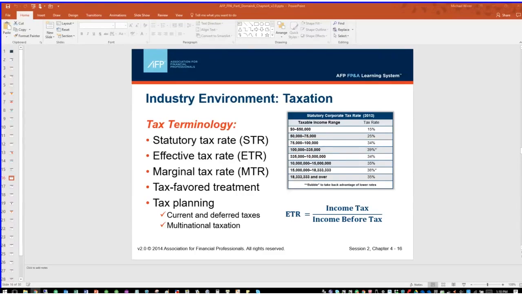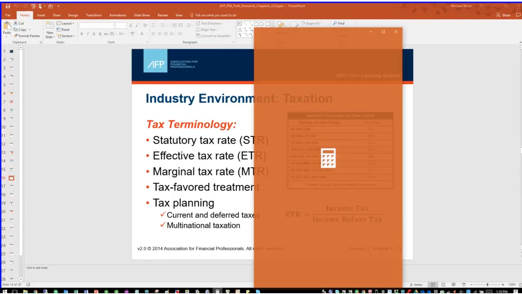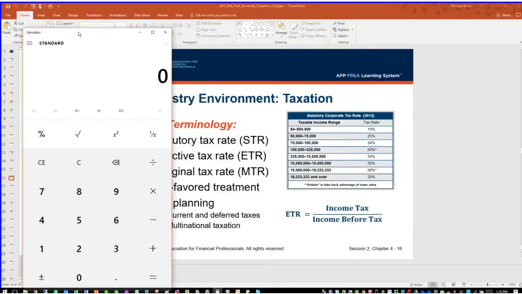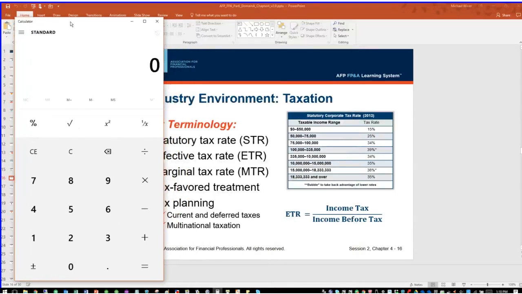So in our example, well, I should have done this off to the side. I could show it to you. But if you took 15% times 50,000, let me load up a calculator. Let's see, you should be able to still see that.